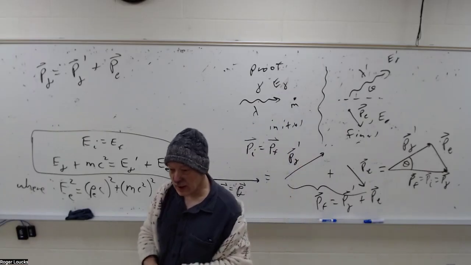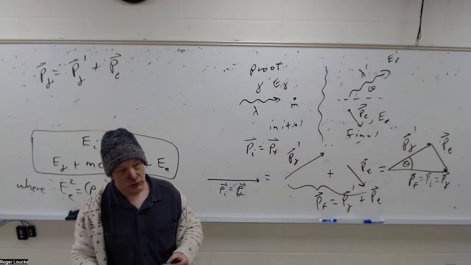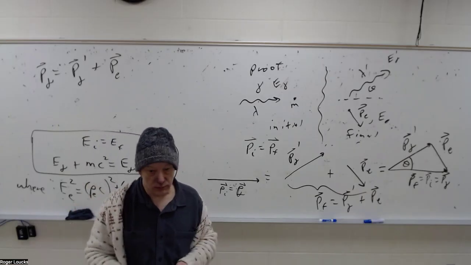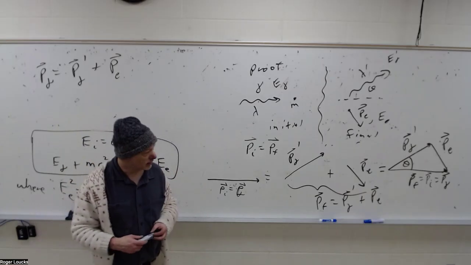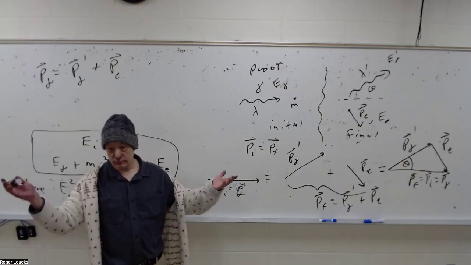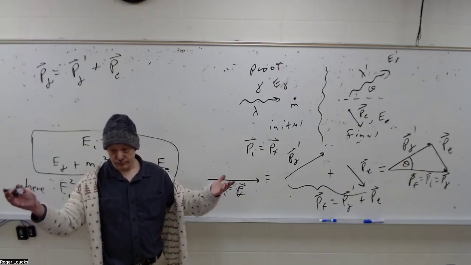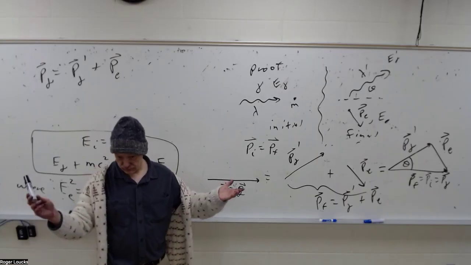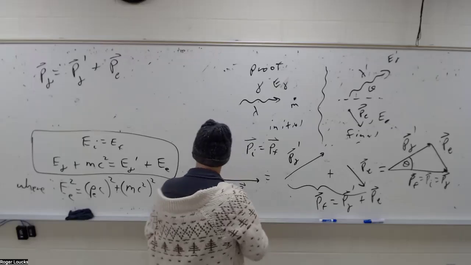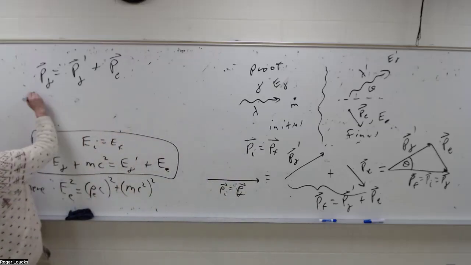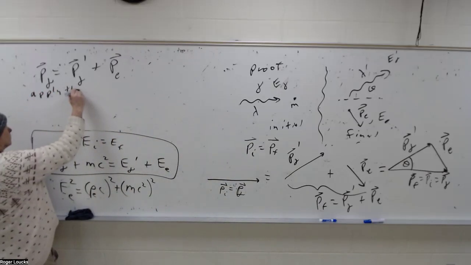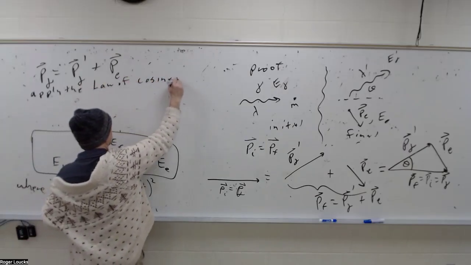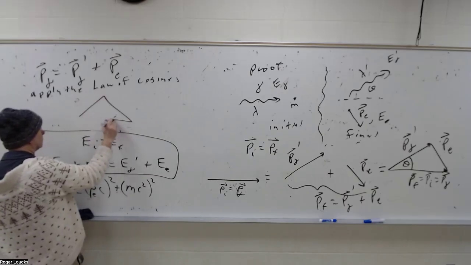If I send you back to when I was a boy, in 11th grade, you look at that and you say, the law of cosines. So apply the law of cosines. Remember what you have for the law of cosines.